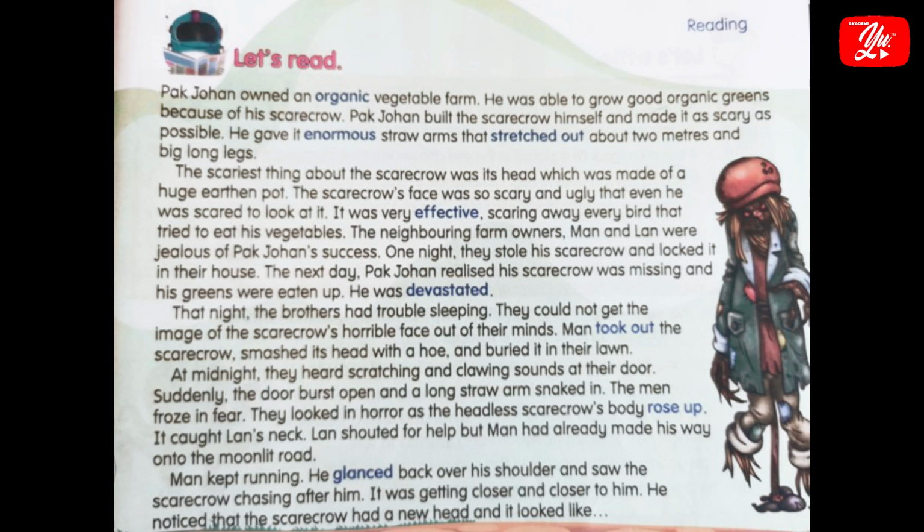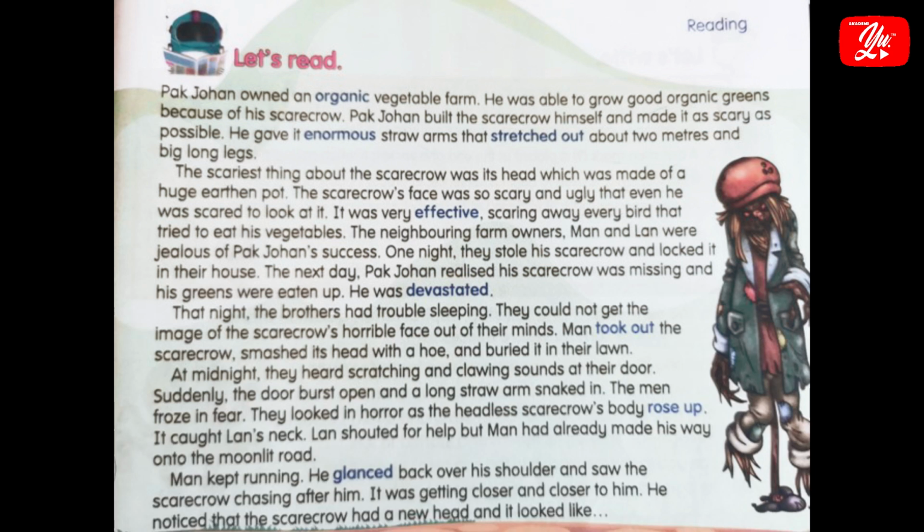Pak Johan owned an organic vegetable farm. He was able to grow good organic greens because of his scarecrow. Pak Johan built the scarecrow himself and made it as scary as possible. He gave it enormous straw's arm that stretched out about 2 meters and big long legs. The scariest thing about the scarecrow was its head was made of a huge earthen pot.